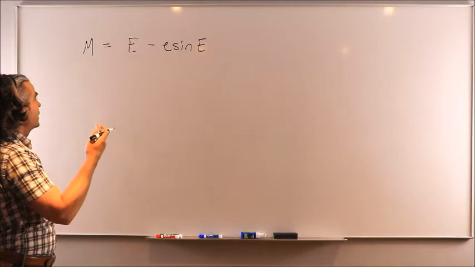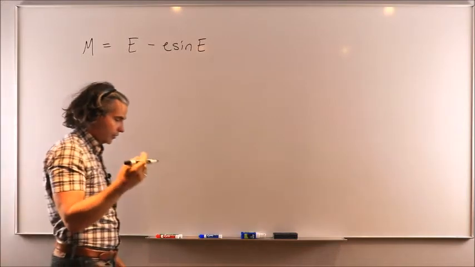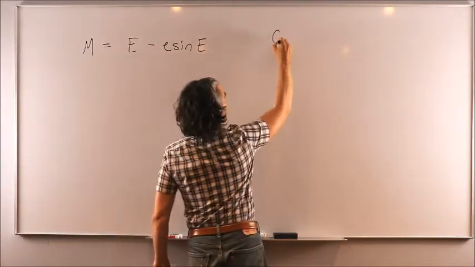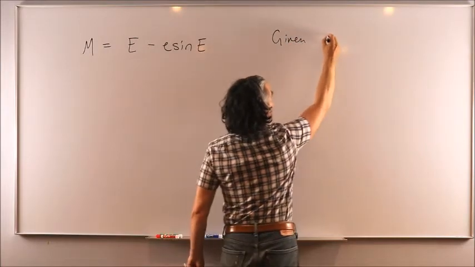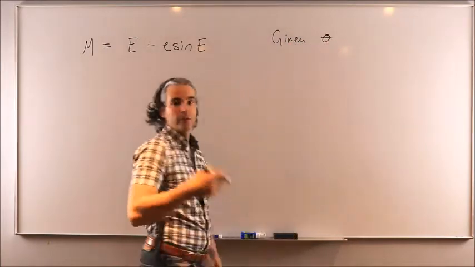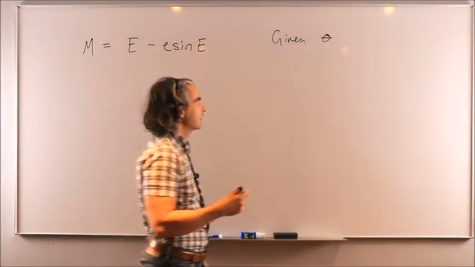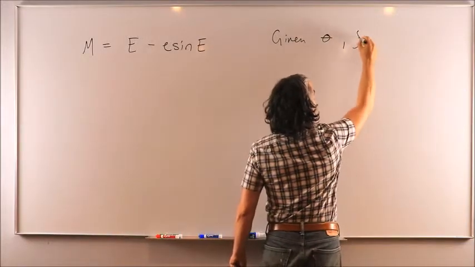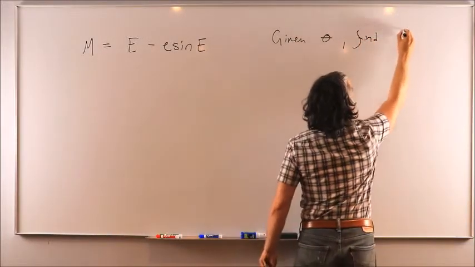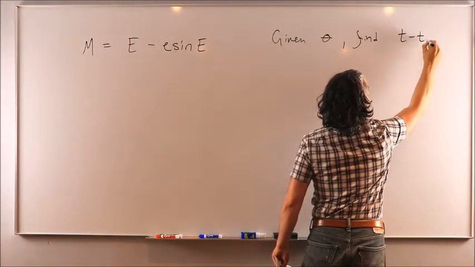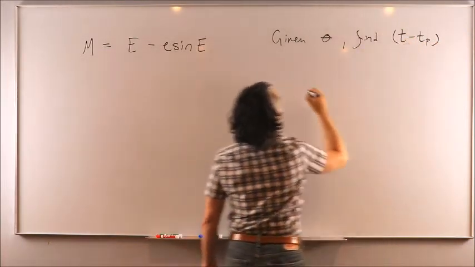So let's say I give you a true anomaly of whatever degrees or radians, the task would be to find the time since perigee passage, t minus tp.